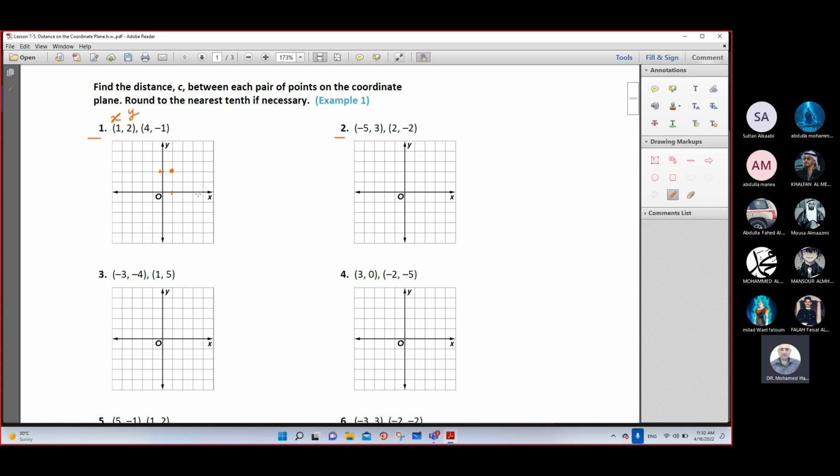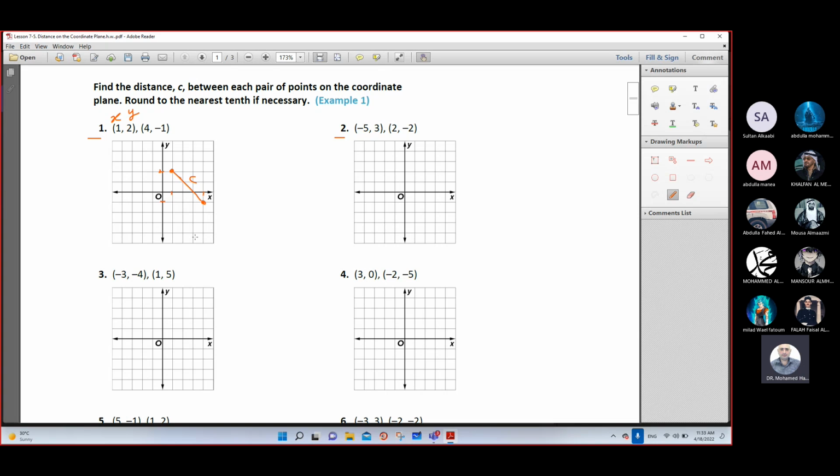This is 1, 2, 3, 4. And negative 1 in y. So the second point will be here. Then match between the 2 points. This is C. We want to find the distance C.